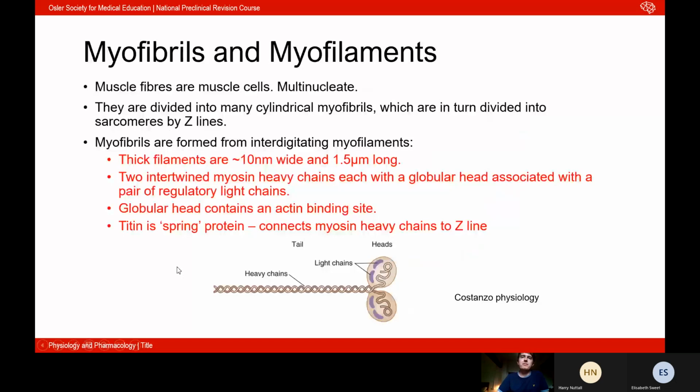Titin is the biggest protein in the human body. It's a massive protein, and despite the fact that it's very big, it proved very elusive. But now we understand it's got a very key function in how this myosin molecule operates, and it's essentially a spring. It holds it to the Z line.